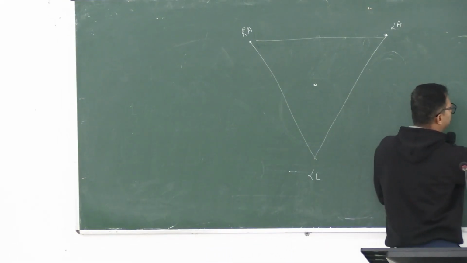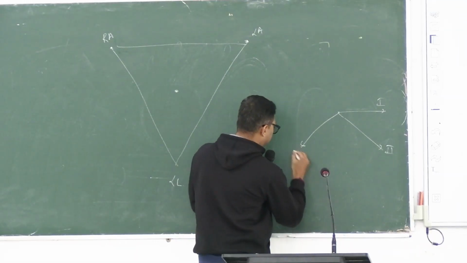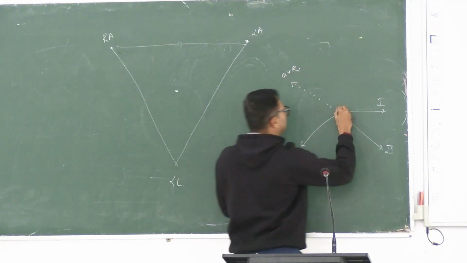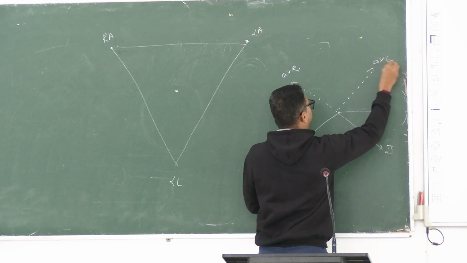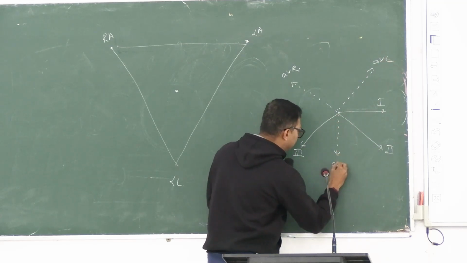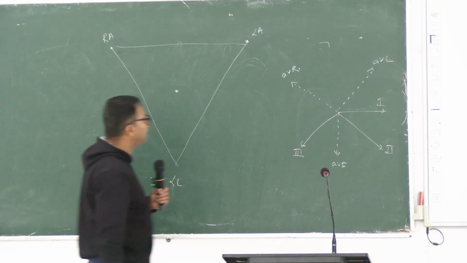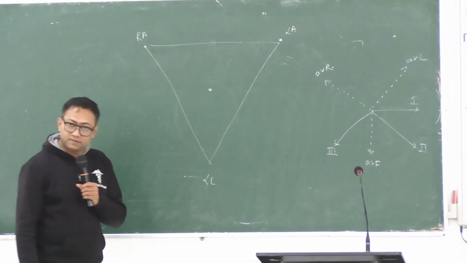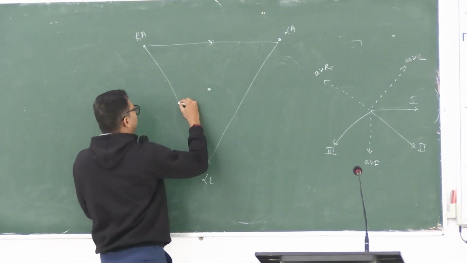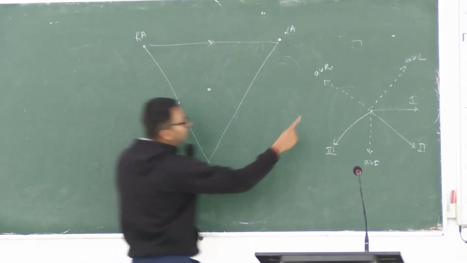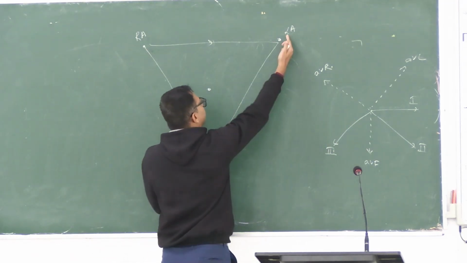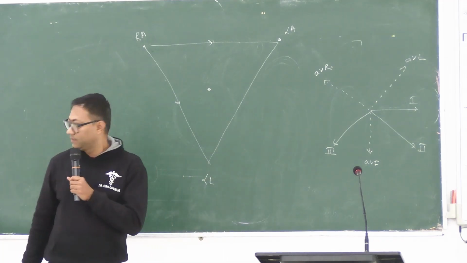So let us draw the leads: lead 1, lead 2, lead 3, lead AVR, AVL, AVF. Lead 1 is the connection between RA and LA. Lead 2 is the connection between RA and LL, and lead 3 is the connection between LA and LL, right?